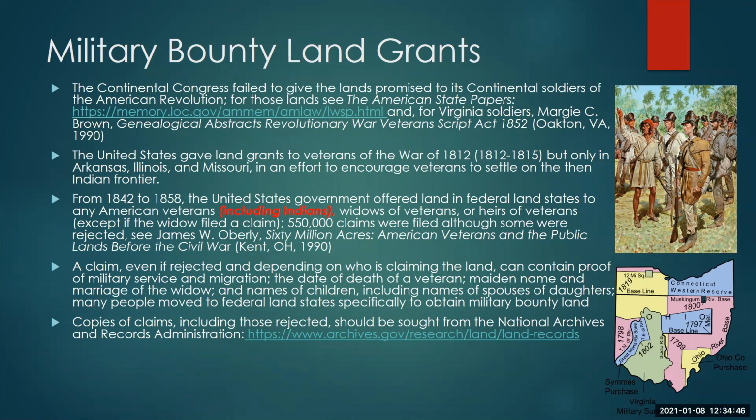Now, if the veteran has died before he could claim the land, and if his widow has died before she could claim the land, whoever is the next of kin can claim the land. And most of the time, the next of kin who is claiming the land are the children of the veteran. They will give you the name of the veteran, his military service, when and where he died, and then the names of all of the veteran's heirs.